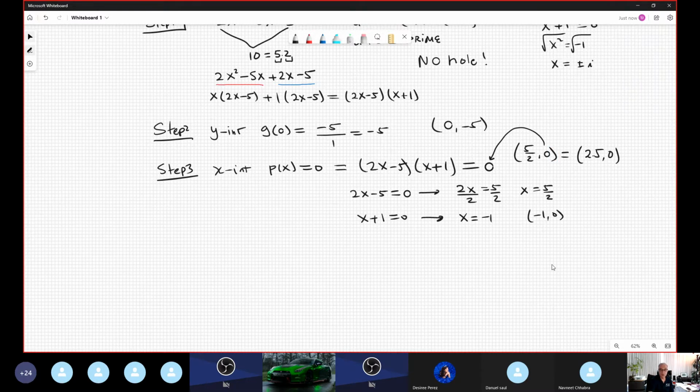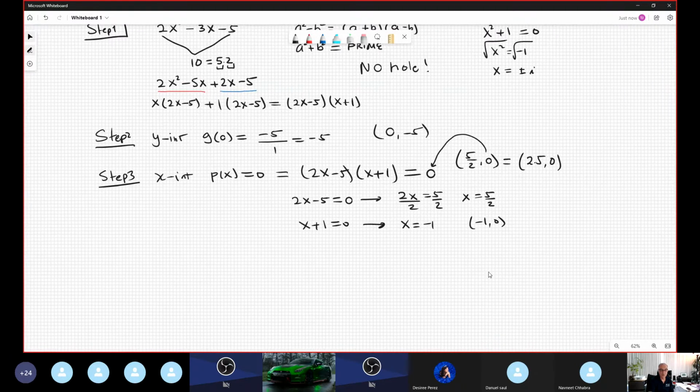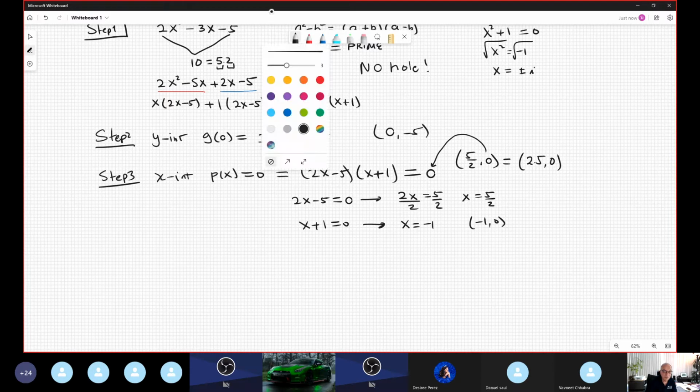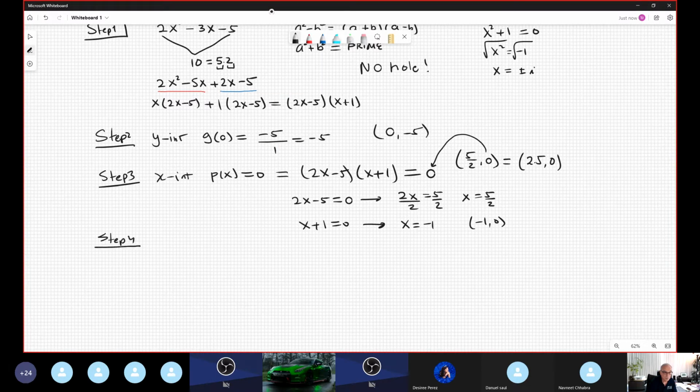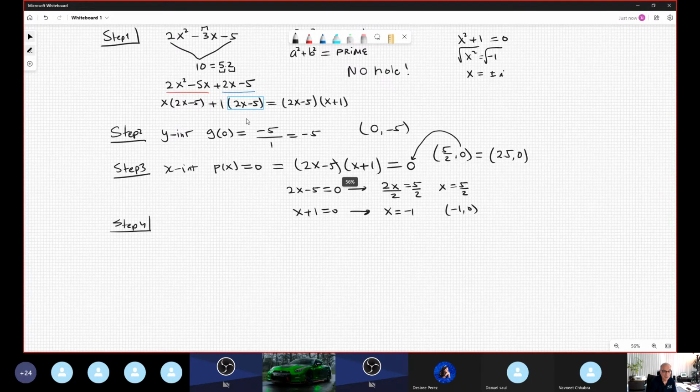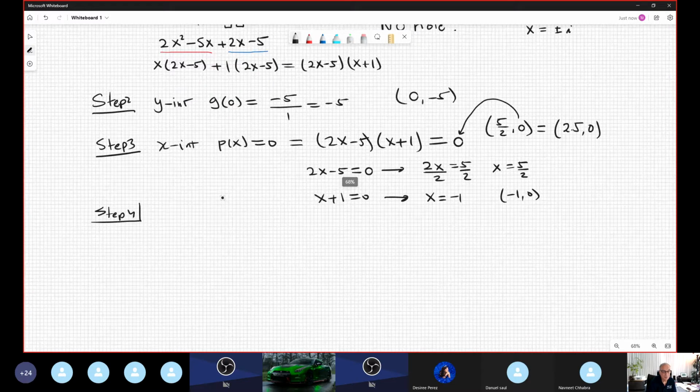Okay, so what should I do? Well, I go to step number 3, no? Oh, number 4 now. Number 4 is important. Step number 4 is the asymptote. What kind? Vertical. For the vertical asymptote, you take the polynomial q in the bottom and force it to be 0. What is the polynomial at the bottom?